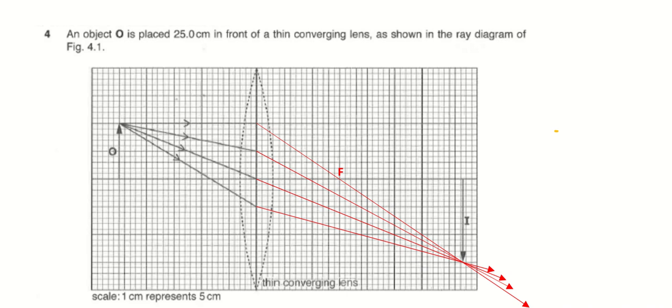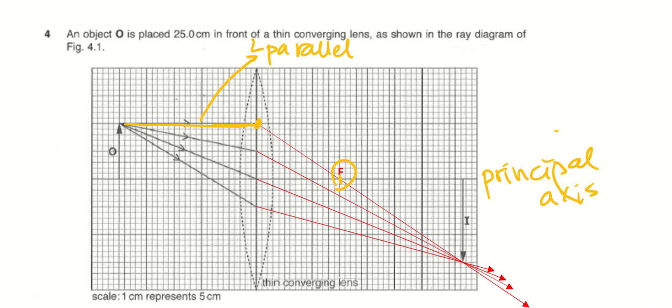The first one is this. Notice that this is actually parallel. You need to know this term. This is parallel to the principal axis. And once it touches the lens, which is L here, it will cut the principal axis at the focal point.